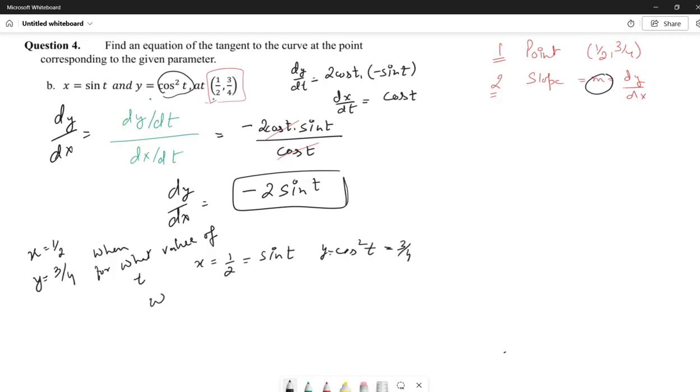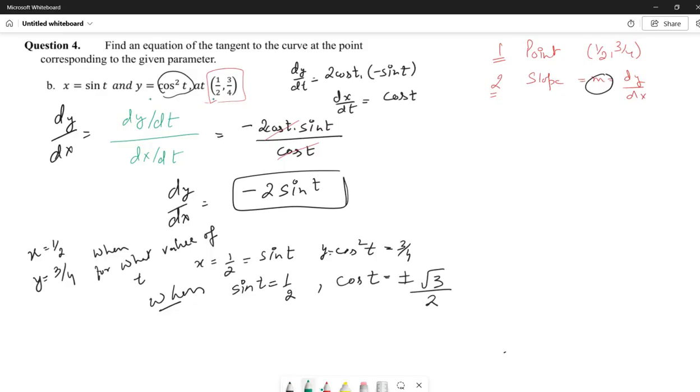So when sine t is equal to 1/2 and cosine t, taking square root on the other side, is square root of 3 by 2. So at what point is sine t 1/2 and cosine root 3 by 2.